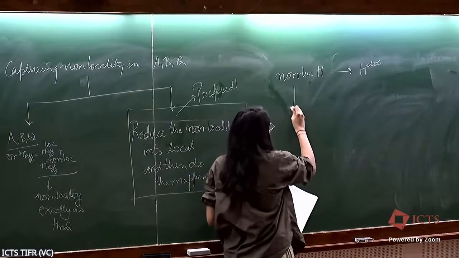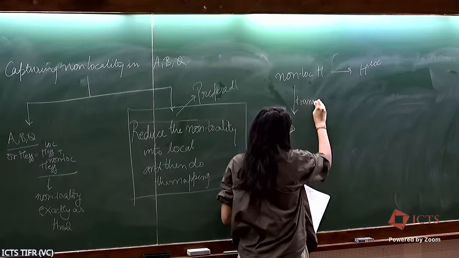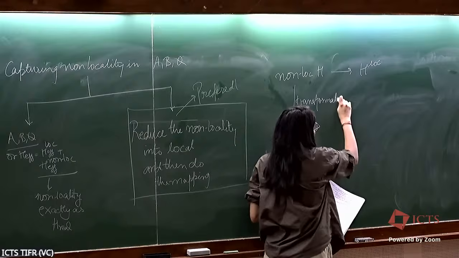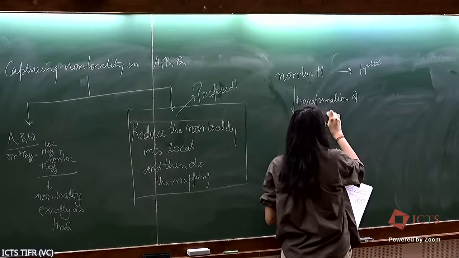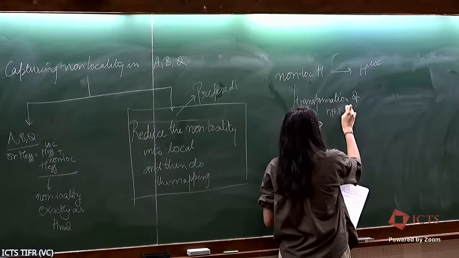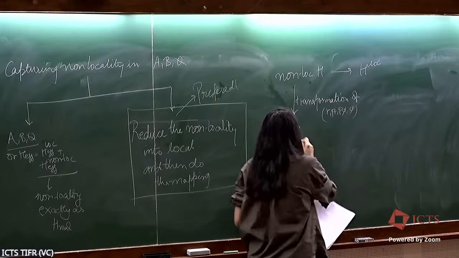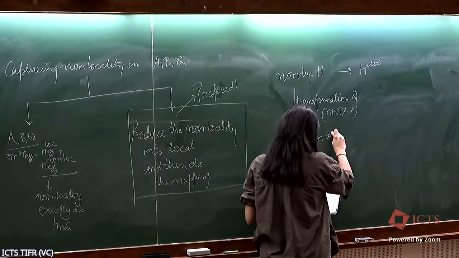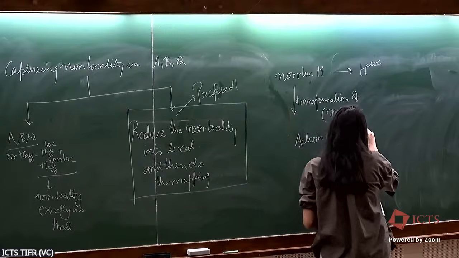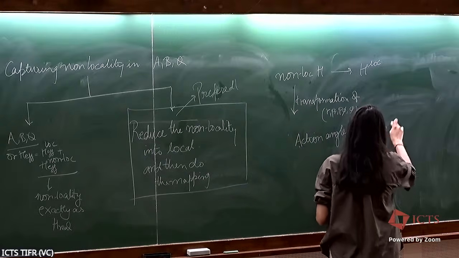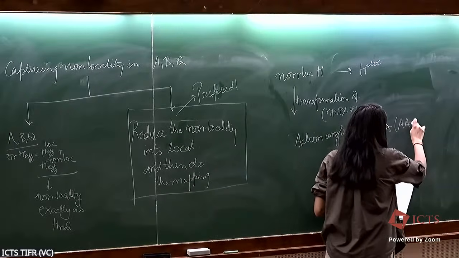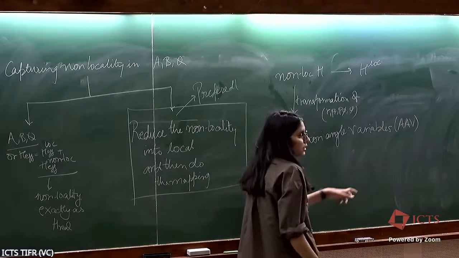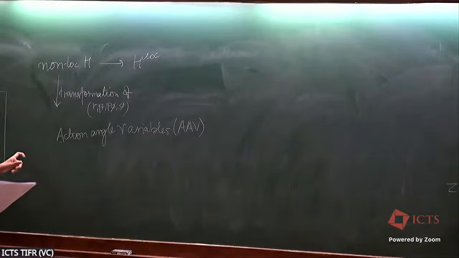So, doing the transformation of R, PR, P phi into action angle variables. For simplicity, I will call them AAV. Once we write this non-local Hamiltonian in terms of action angle variables, I can order reduce it.